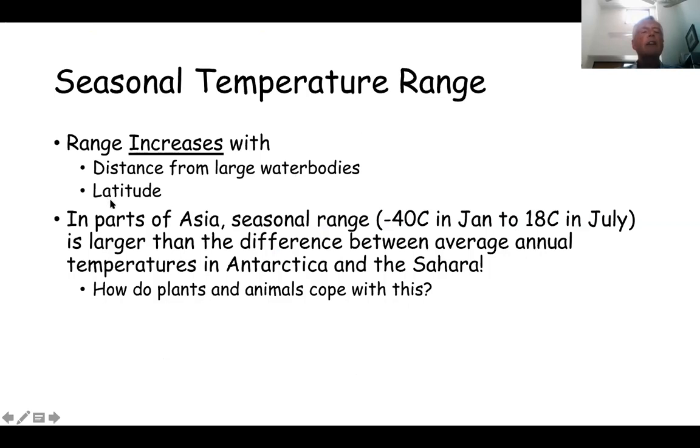It tends to increase with latitude. So in parts of Asia, it's tremendously high, all right? So this is just an interesting little tidbit: the seasonal temperature variation in Siberia is greater than the average difference in temperature between Antarctica and the Sahara Desert.